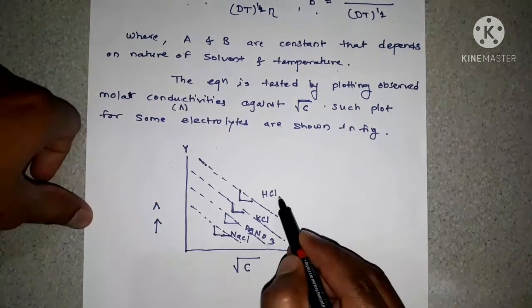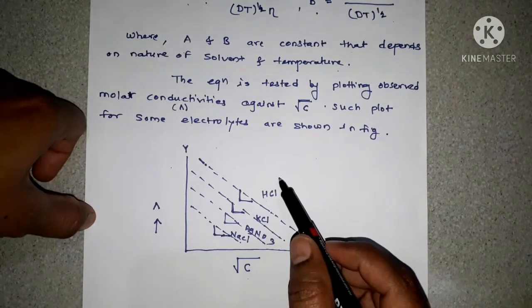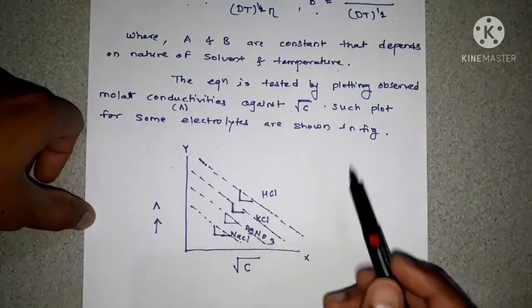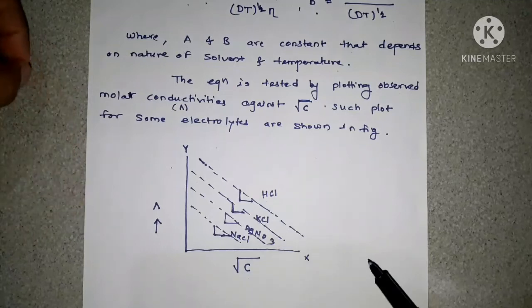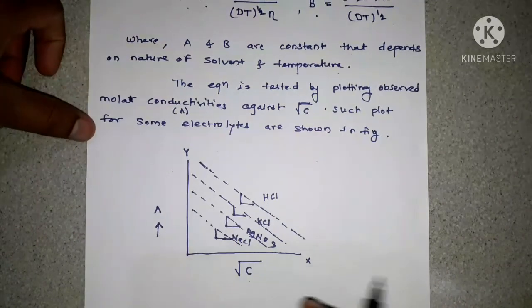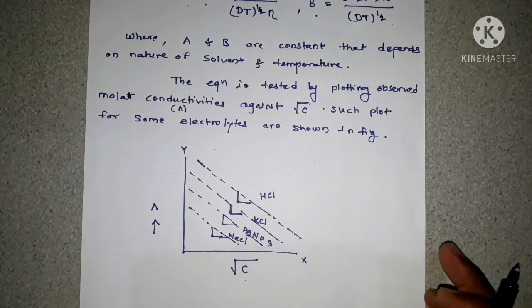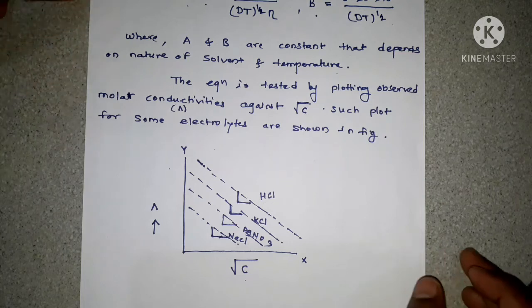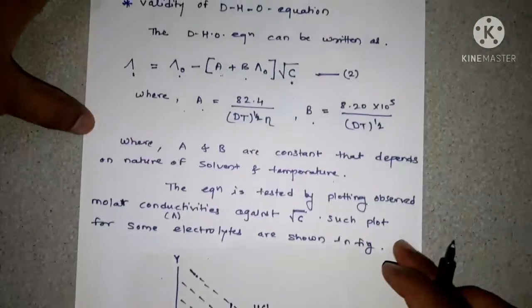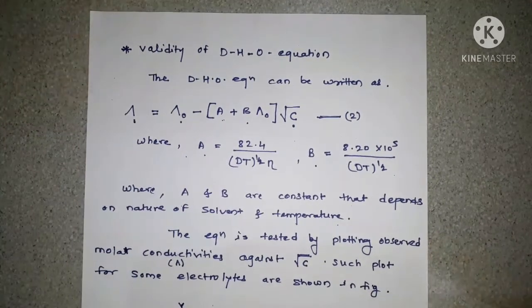So these are all electrolyte solutions, and this graph, showing molar conductivity against under root of its concentration, is very important. So this is your validity of the DHO equation.